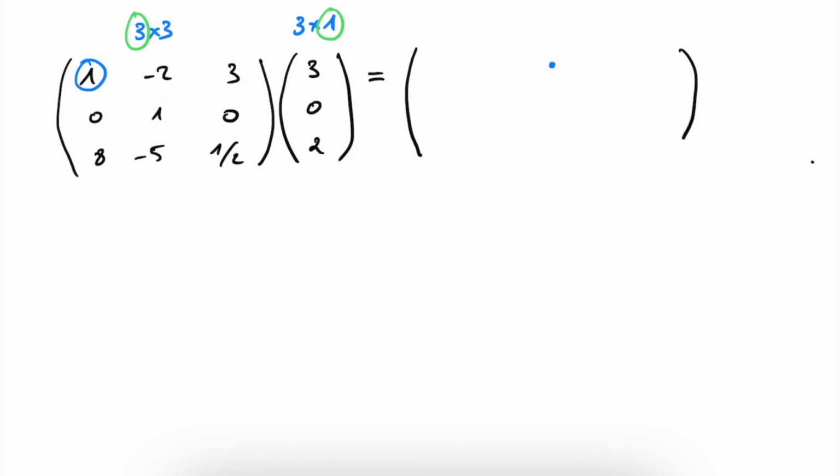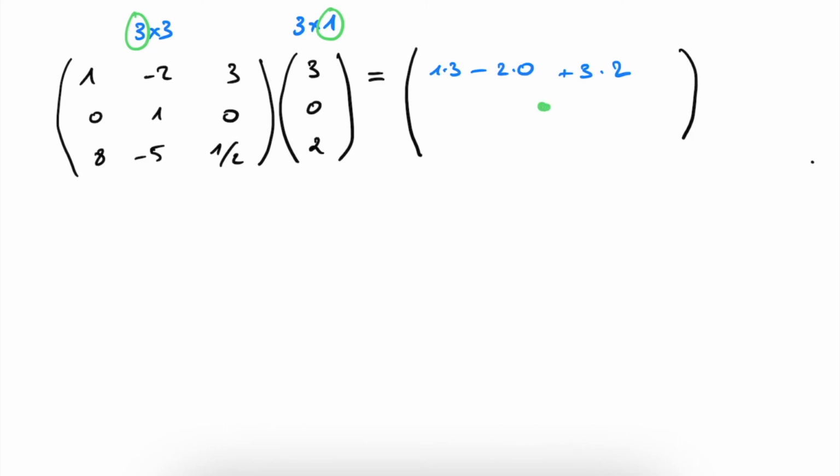And again, we multiply these numbers, we add the multiplication of these numbers, and now here we add the multiplication of these numbers. And this then simply becomes 1 times 3 minus 2 times 0 plus 3 times 2. And we already have our first element.